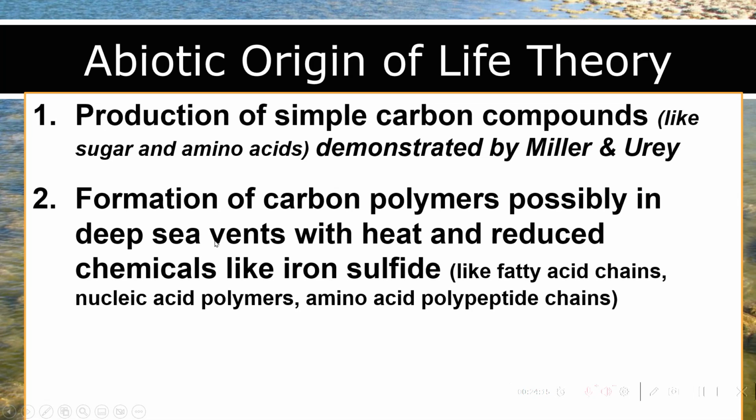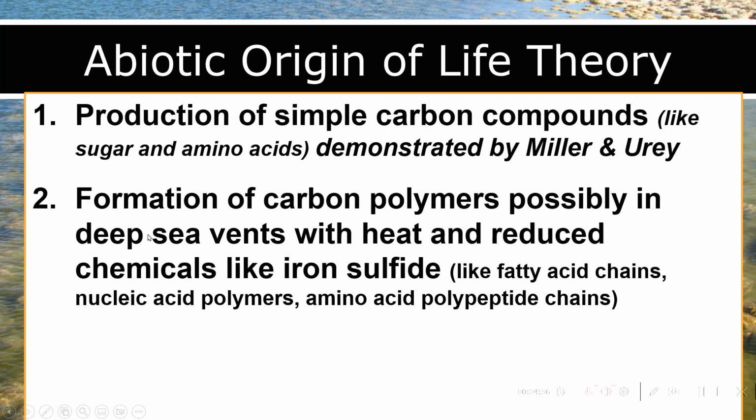From there, there needed to be some way to form the polymers. Our fatty acids are long chains of carbon. Nucleic acids are long chains of nucleotides. Our proteins are made of long chains of amino acids. So how could you create that from these simple carbon compounds?